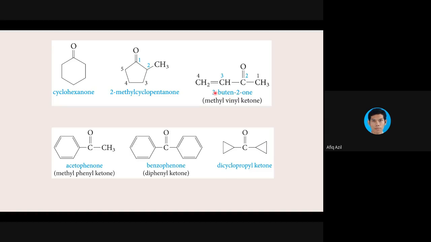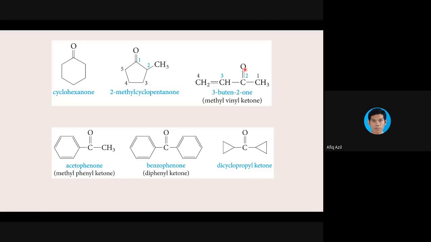And this one is a ketone, but it also contains a double bond. So when you have two substituents in the same compound, the carbonyl group will take higher priority. So start numbering so that the carbonyl group will have the lowest possible number: 1, 2, 3, 4 instead of 1, 2, 3.